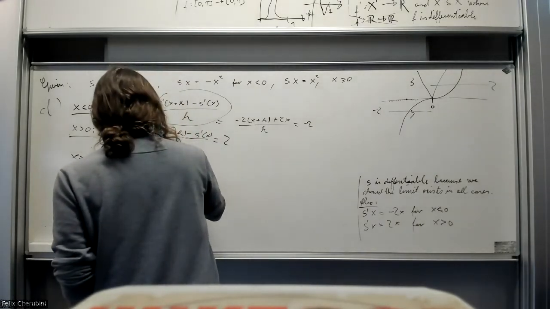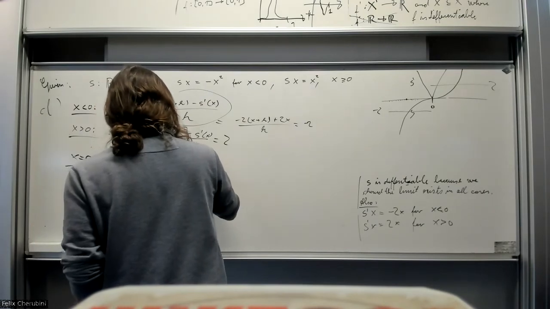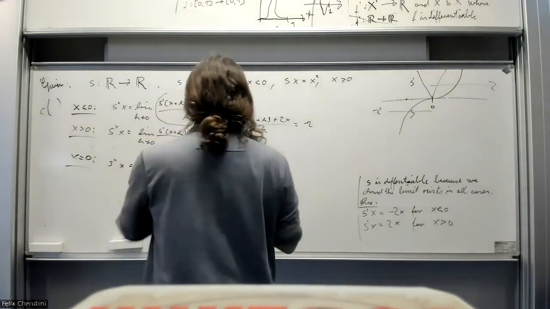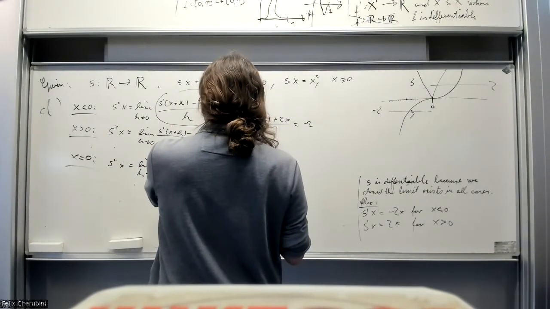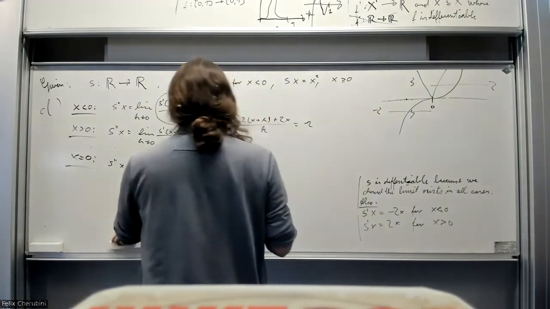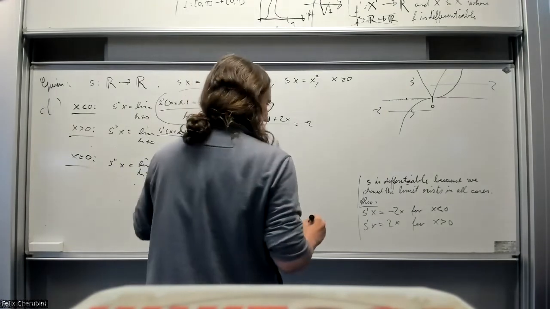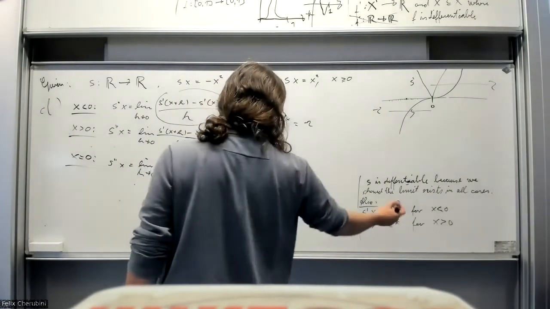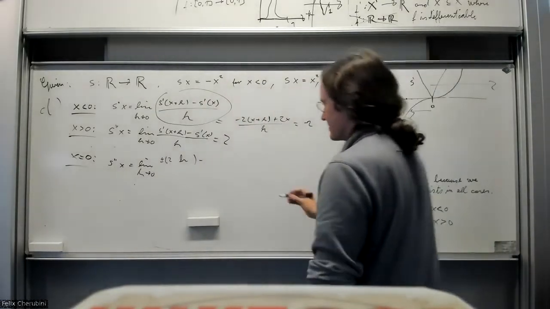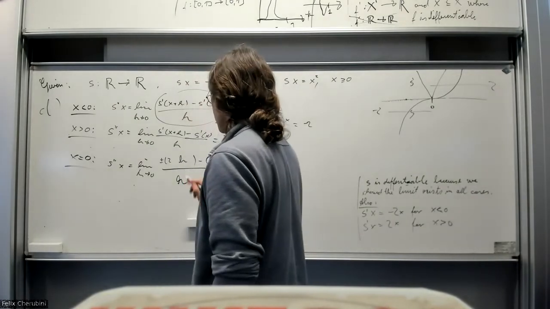So maybe let's say it like this. And in this case, we plug in 0, so it should vanish. Getting tired, I guess. So in this case, we plug in 0, so it vanishes in both cases. We don't have to care. It's 0, and we divide by h.